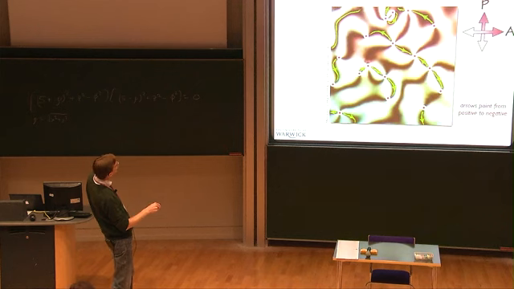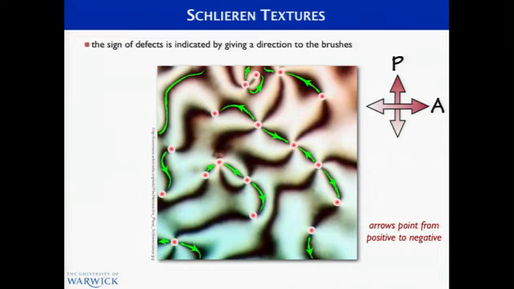So look, we can understand everything, right? This is a +1 defect. It has 2 brushes that have arrows pointing out, and this is a -1/2. There's 1 arrow that's pointing in. So we can understand everything about the texture in this way.